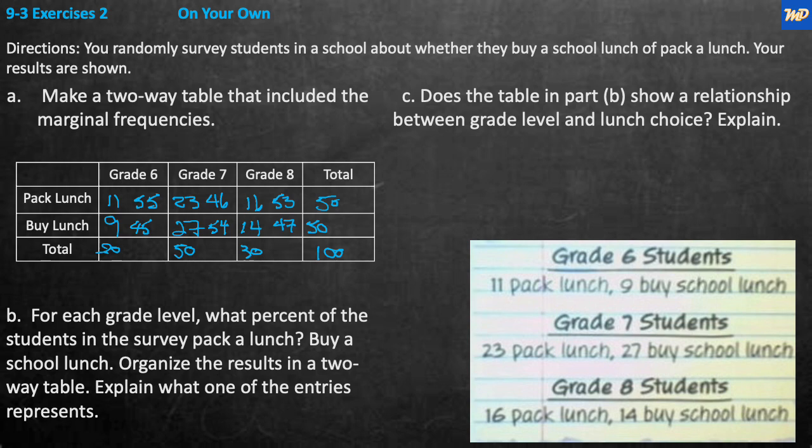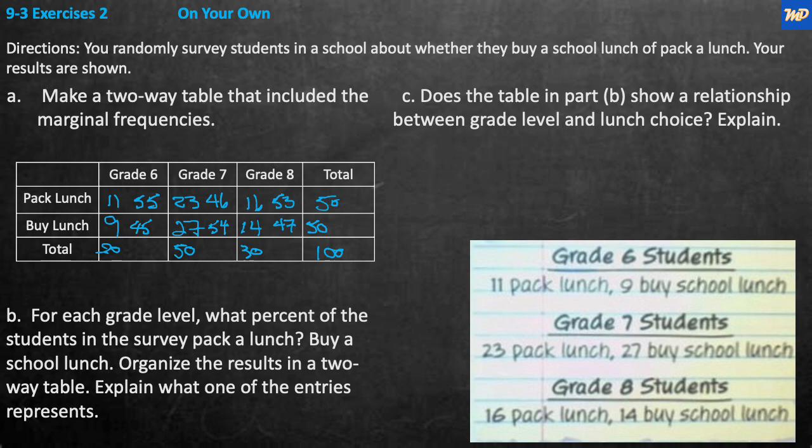So if we look at this, what do we find? So that explains what one of the entries represents. Well, I'll pick one. If we pick the 6th graders, these entries say that over half pack a lunch, okay, and there's 55% pack it and 45 do not. So that's kind of what that's telling us.